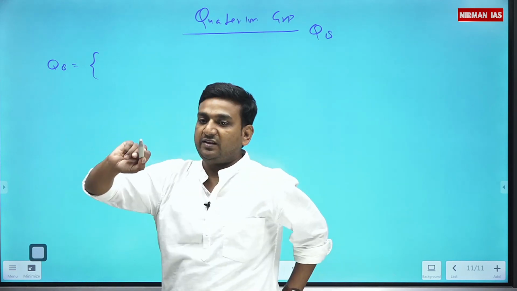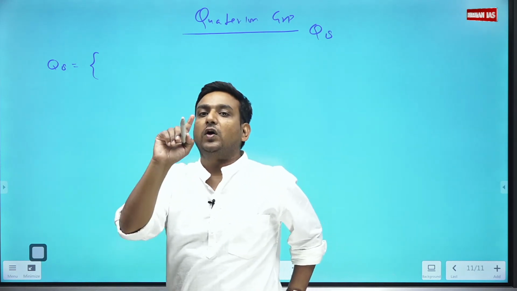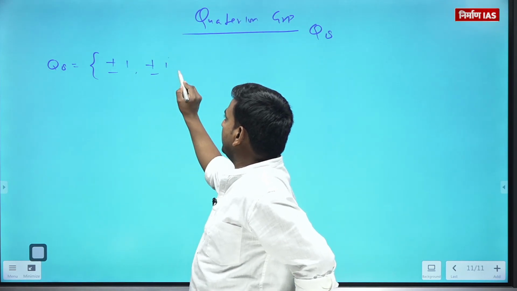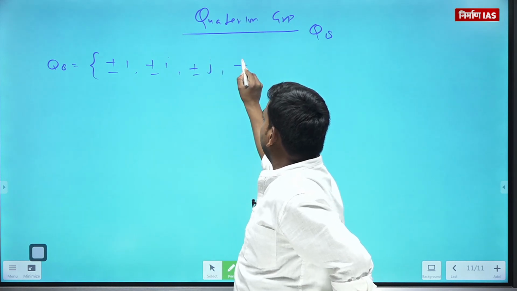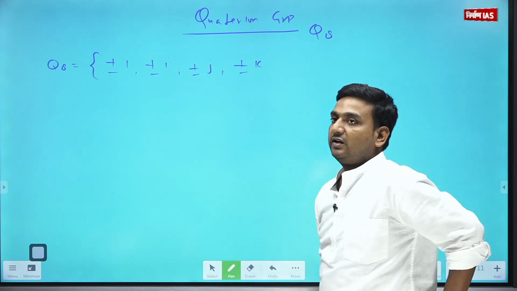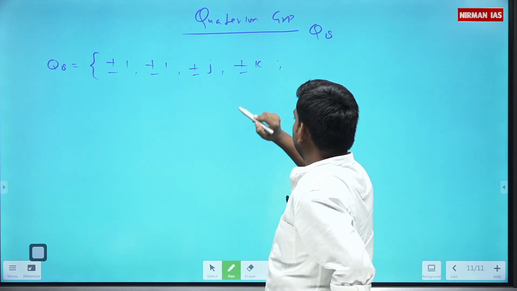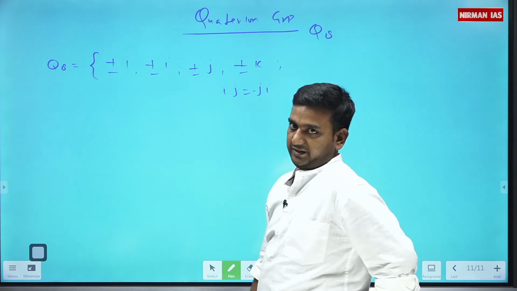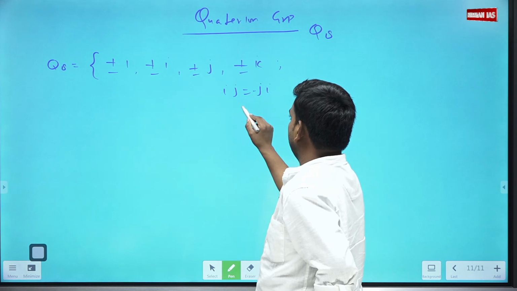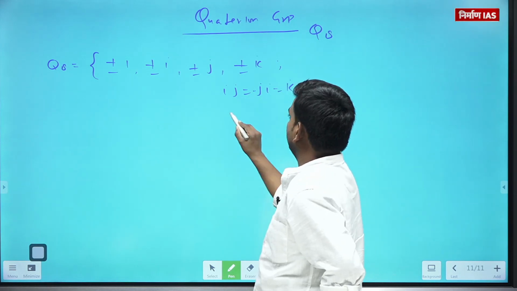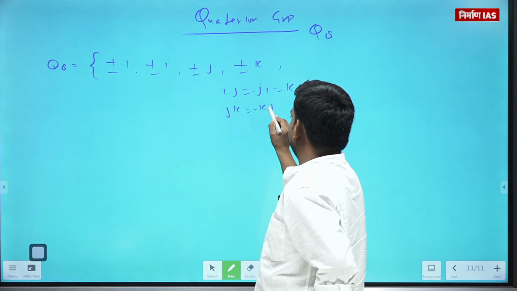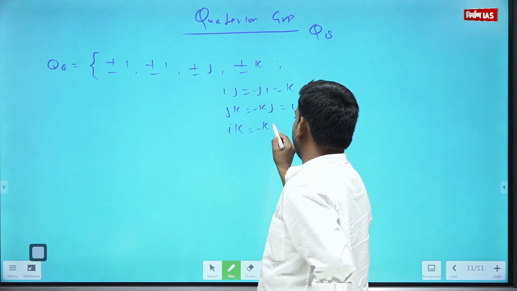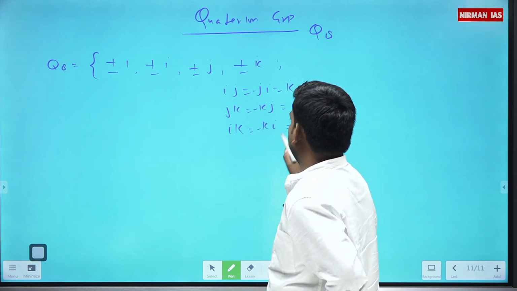Q8, it will comprise 8 elements. What are those elements? Plus minus 1, plus minus i, plus minus j, plus minus k, such that ij is equal to minus ji, and that is k. jk is minus kj, and that is i. ik is minus ki, and that is j.